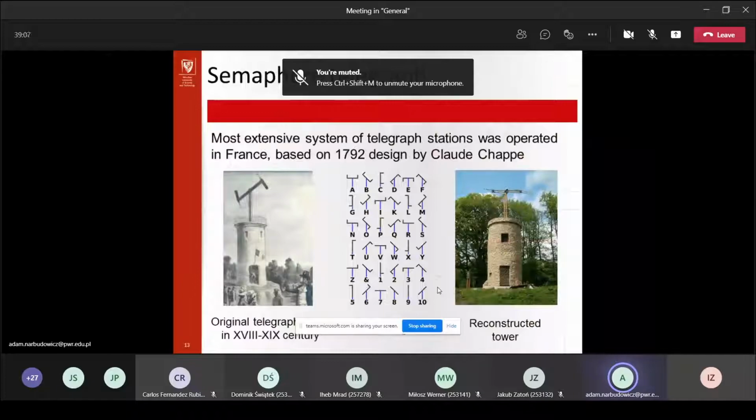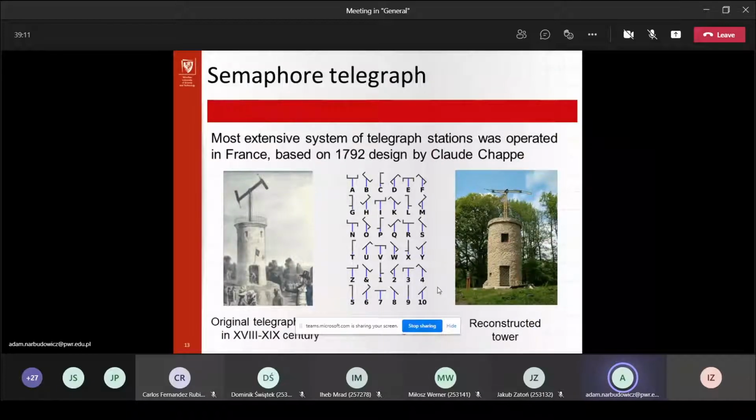Okay. Well, moving onwards to the 18th century, I think there was quite an extensive system of what was called the optical telegraph, which started in 1792. So basically it was a network of stations with different shapes of the arms, and again similar to the visual interpretation.